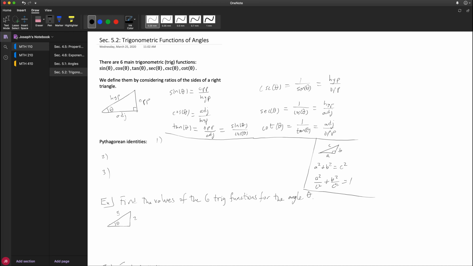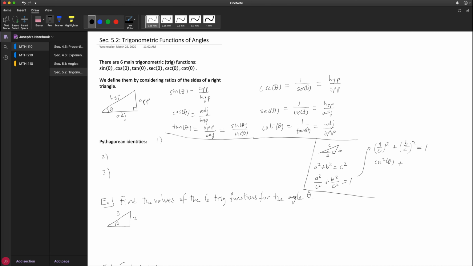Well, this can be rewritten as a over c all squared. That's what it means to square a fraction. You just square the top and the bottom individually. And same here. Right? Well, what is a over c? Well, a over c is adjacent divided by hypotenuse. So this is cos squared theta, actually. Right? Well, cos theta all squared, and this is how we write it, cos squared theta.